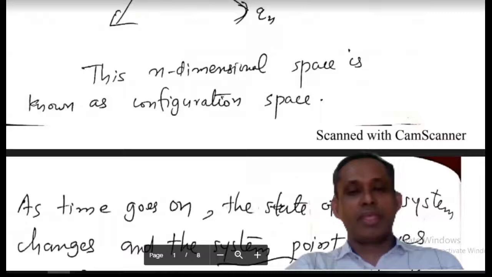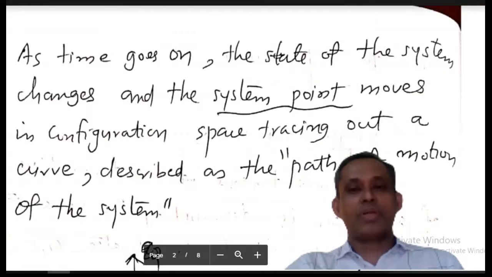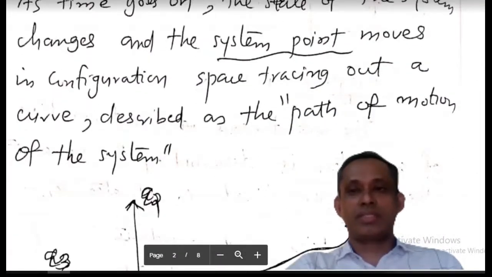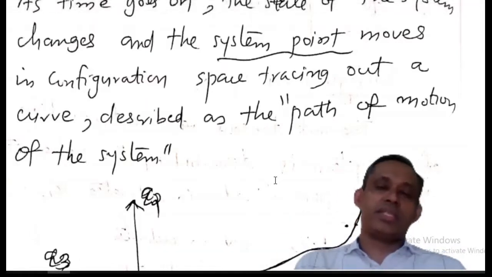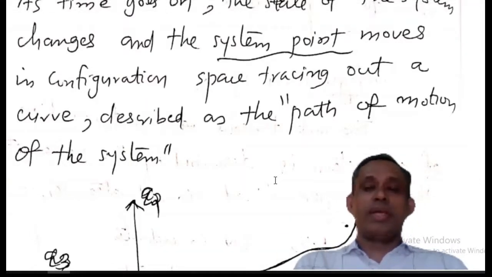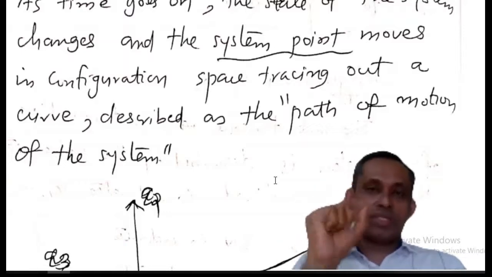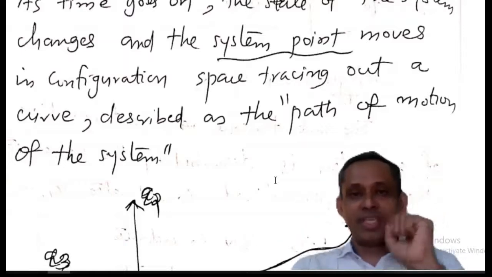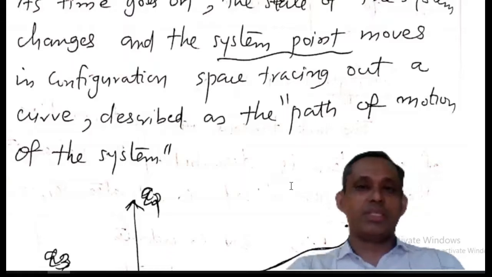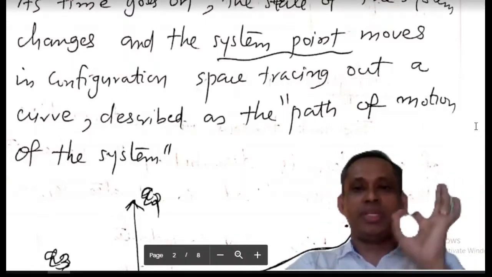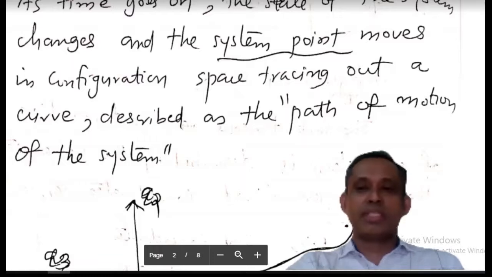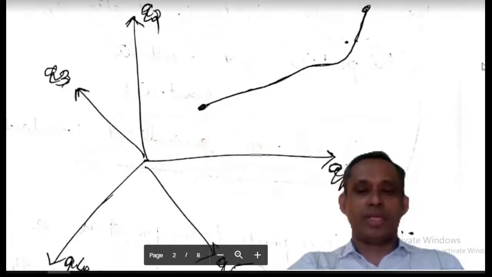Now as time goes on, the state of the system changes. The coordinates are changing, and the system point moves in the configuration space, tracing out a curve. That is shown here.